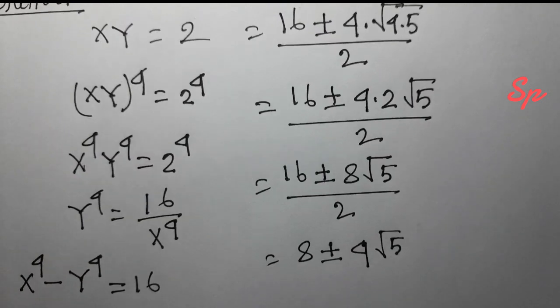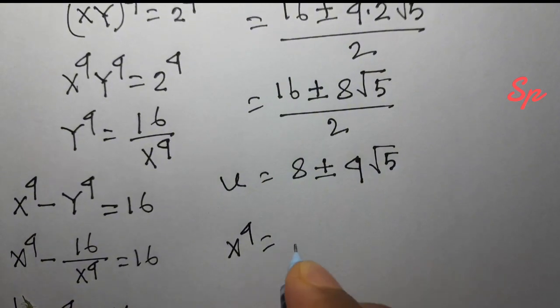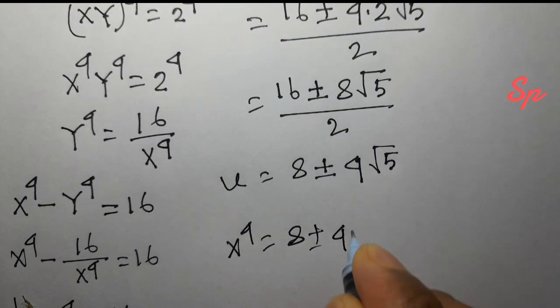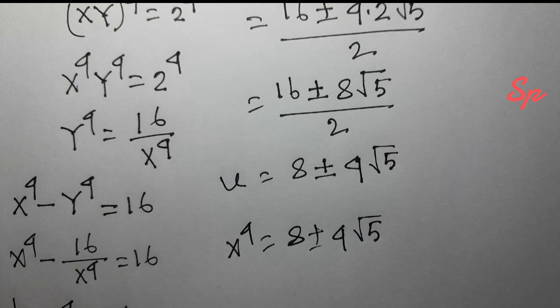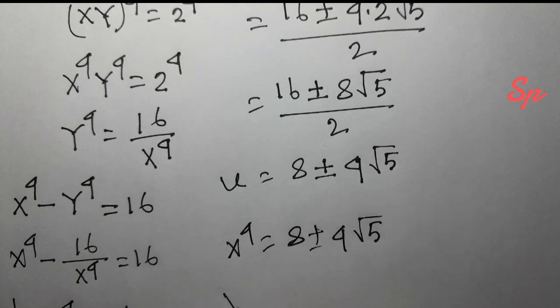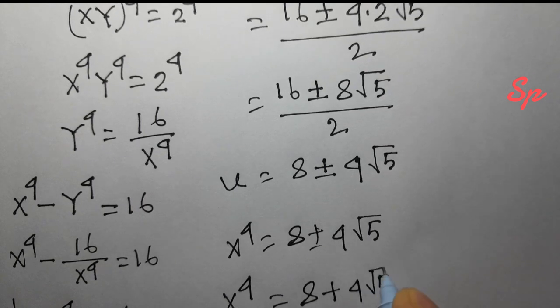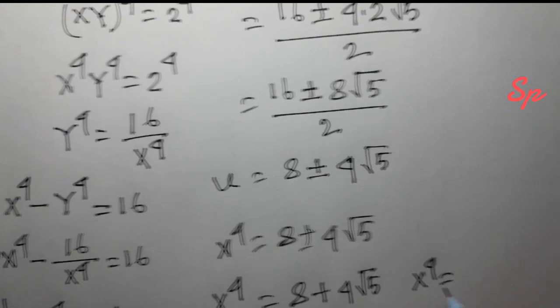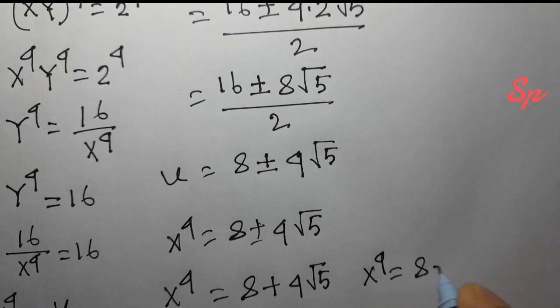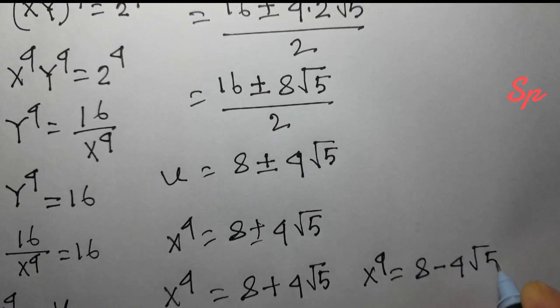The value of u is equal to x to the power 4, so x to the power 4 is equal to 8 plus minus 4 root 5. So here x to the power 4 is equal to 8 plus 4 root 5, and x to the power 4 is equal to 8 minus 4 root 5.